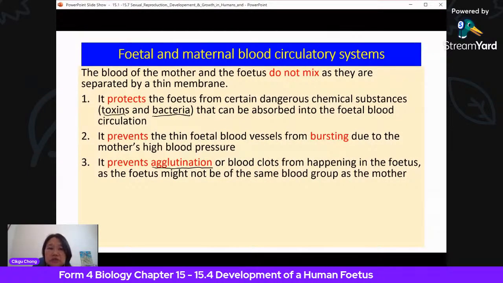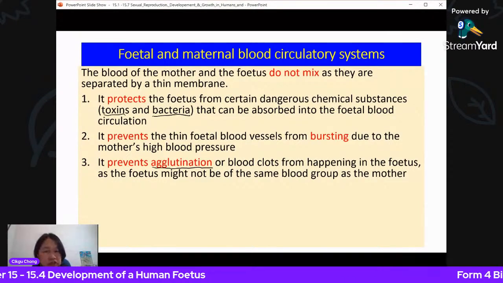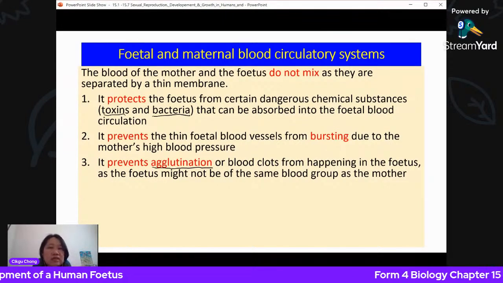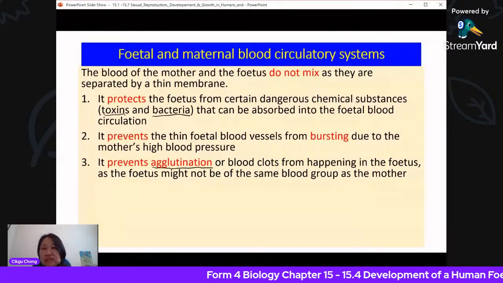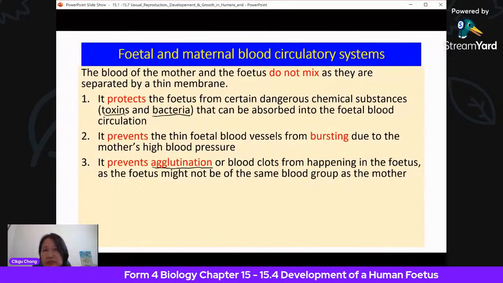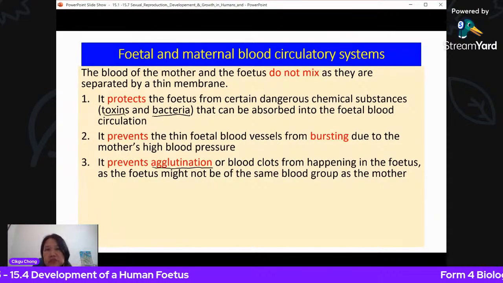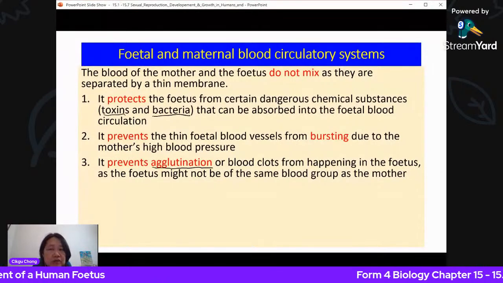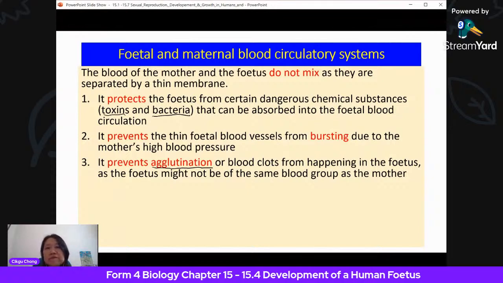The important thing to decide whether there's going to be agglutination or not is to look at the presence of antigen on the red blood cell, not the antibody. You don't look at the anti-A or anti-B, but you look at the presence of antigen A or antigen B, or in this case, the rhesus antigen on the surface of the red blood cell.